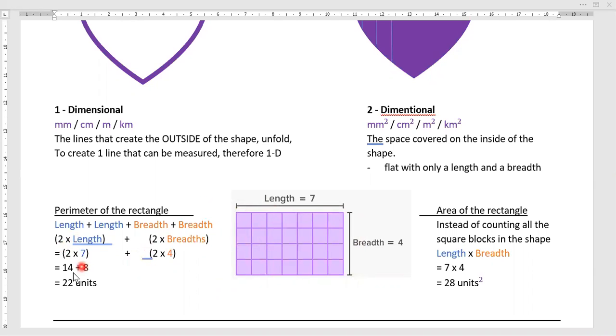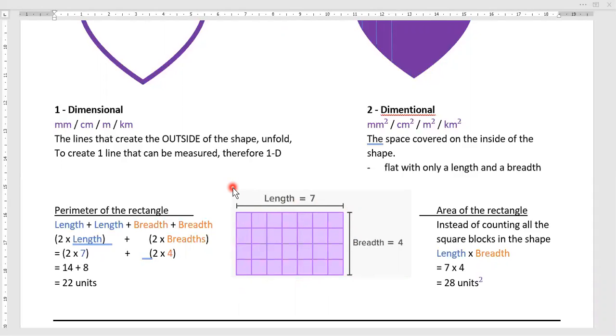Add them together and we've got 22 units. So that's all the way around. So you can either do that or you can go 7 plus 4 plus 7 plus 4. Same answer. Okay, because if we take the shape and flatten it, so we take the 7 and literally unfold it down to make a straight line, it will basically give you the same answer.